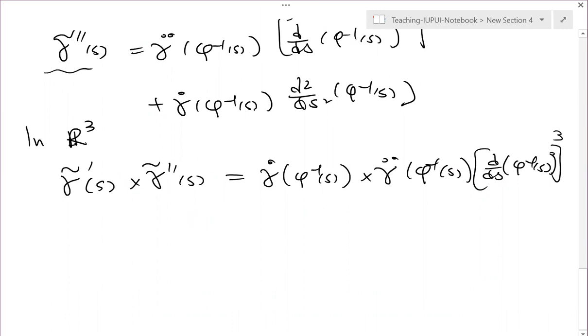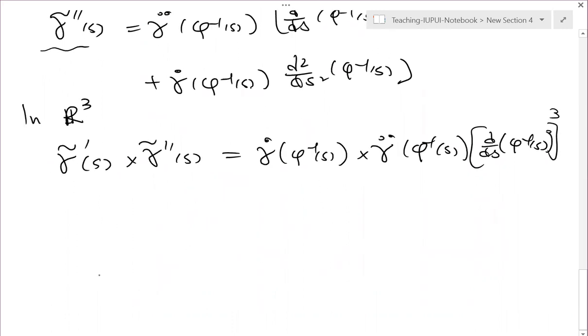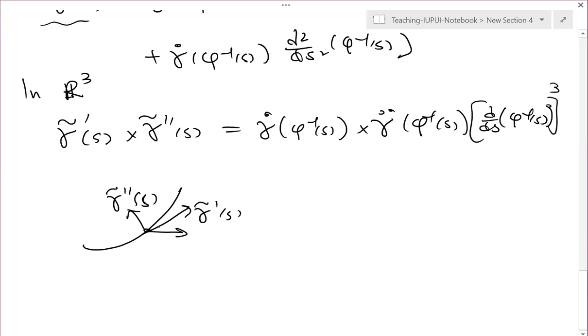Then on the left-hand side, you take a look at gamma prime of s and gamma double prime of s. The cross product gives you another vector, perpendicular to both of them, and the length is going to be this length.